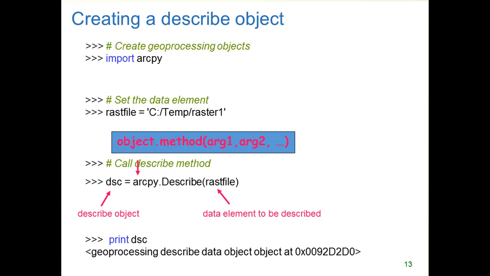So this assignment statement puts the describe object over here. If we actually print out dsc in this example, we get this crazy statement here. Geoprocessing describe object, object at, that's just saying that there's some object in memory that we now have access to. So in order to use dsc, we don't use it directly, we use a dot, and we get at the properties that it has.